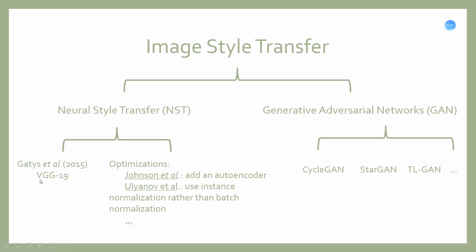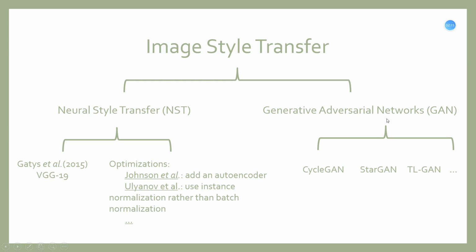They used VGG19 to complete this style transfer task. Then there are many optimizations based on this work, like Johnson et al., who proposed adding an autoencoder, and Ulyanov et al., who advised using instance normalization rather than batch normalization in order to speed up the process.